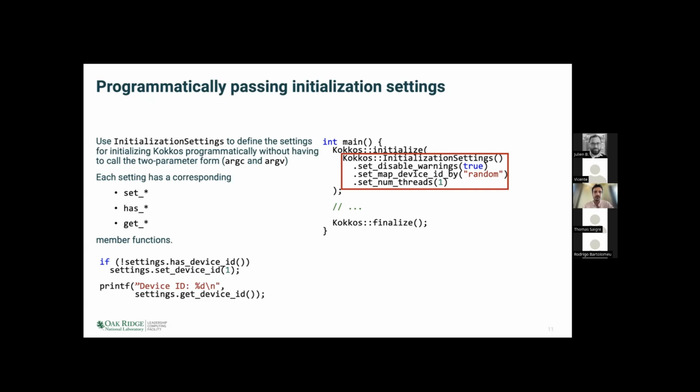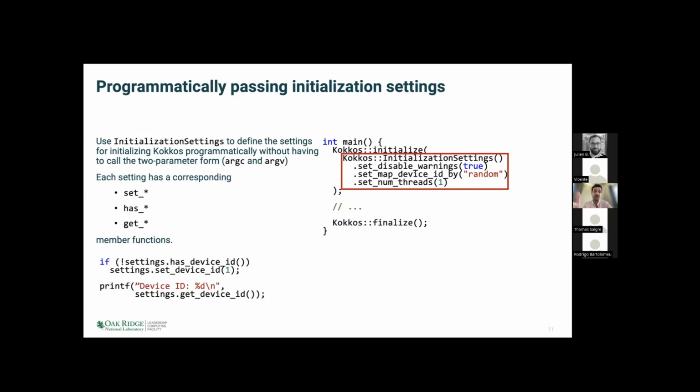We have a class called InitializationSettings, and you can define an object and set the things in multiple calls, or you can do it in one shot here. For instance, you can say set disable warning true. It means I don't want to see any warning. We do not recommend that, but you could.